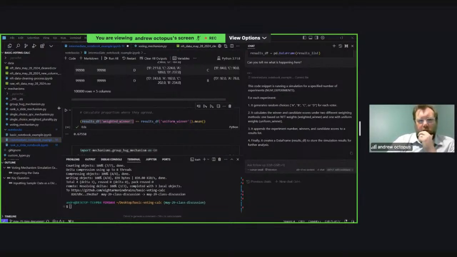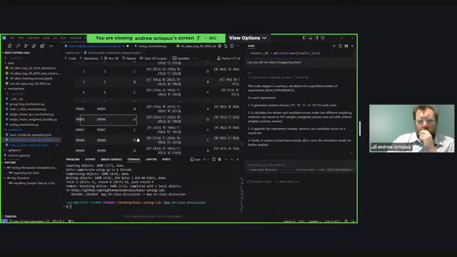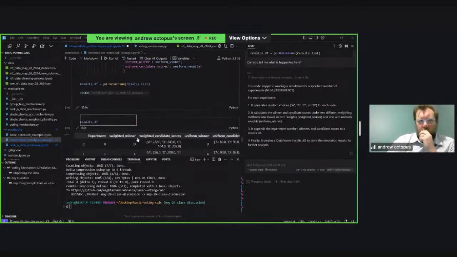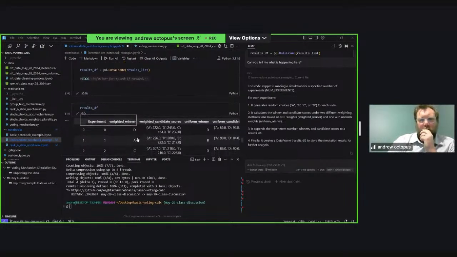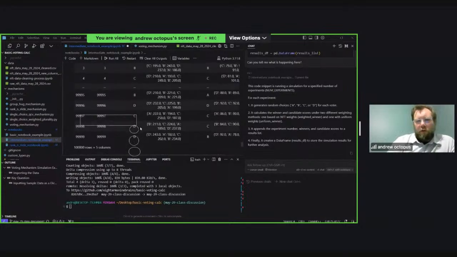So this corresponds to this column. Oh, that was beautiful how it lined up. This corresponds to this column where there's D, A, C. And then in the second part, I am comparing it to the uniform winner column.